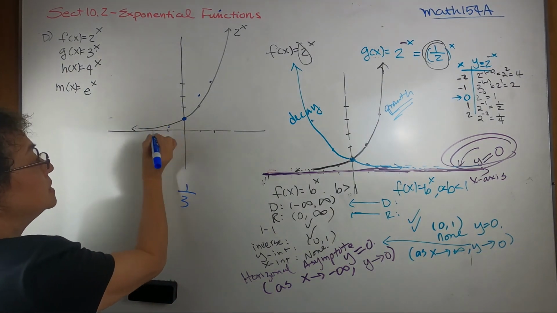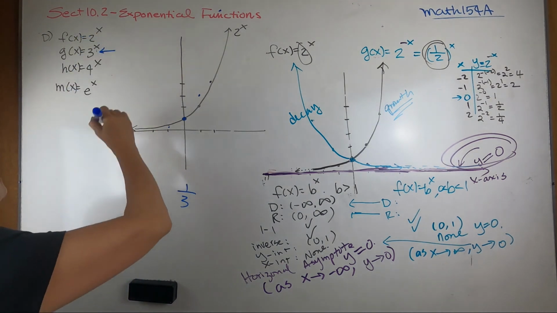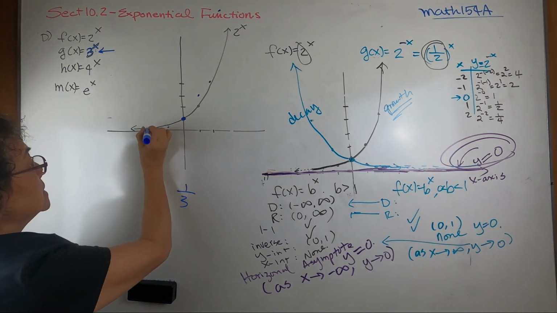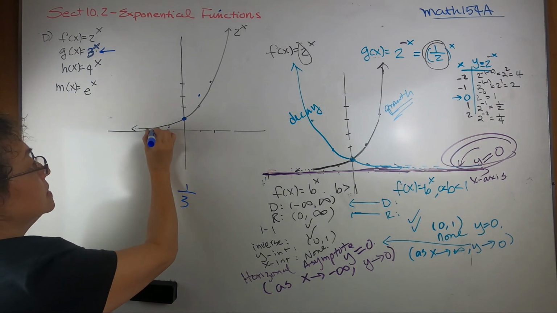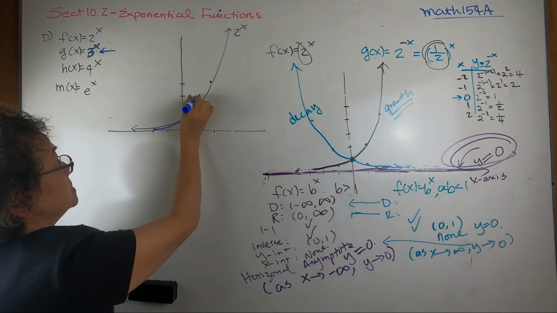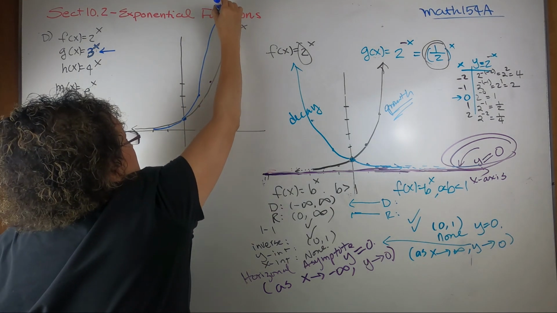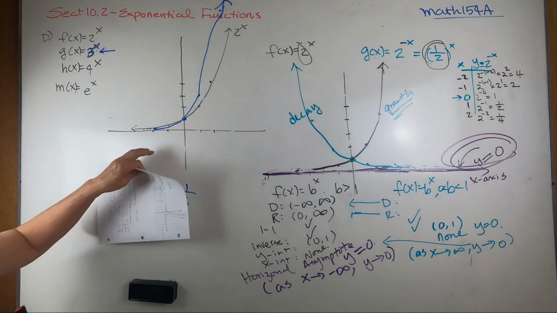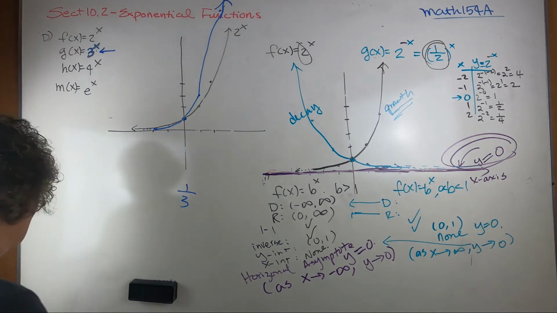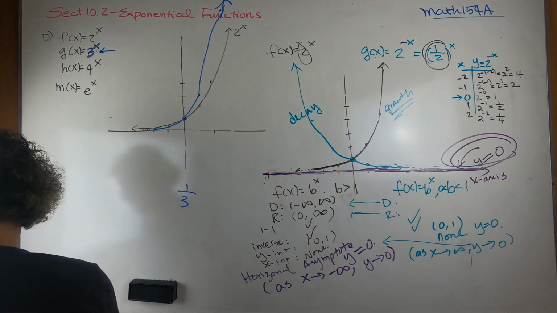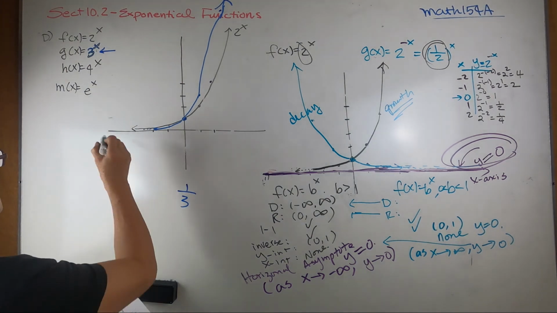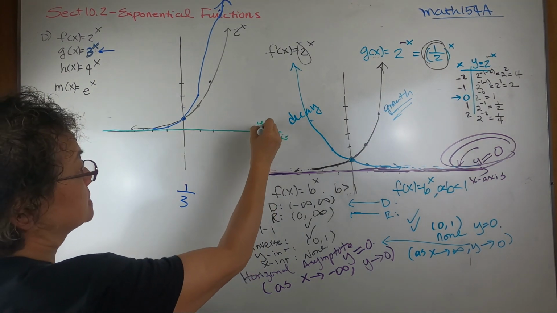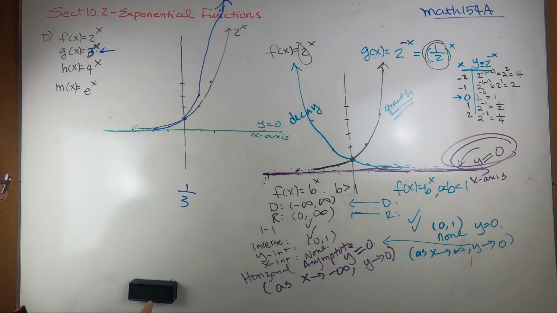Then -2 would be 1/9, so getting smaller faster and getting bigger faster as well. So it will look like this, right? You continue to go, but never touch the horizontal asymptote, the x-axis, which is the line y equals 0, right?